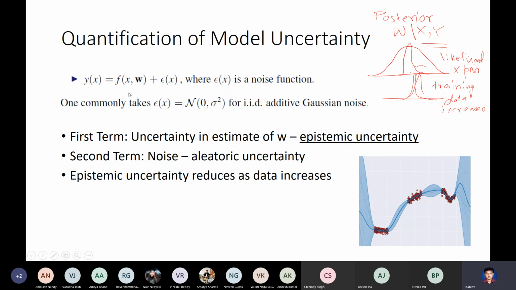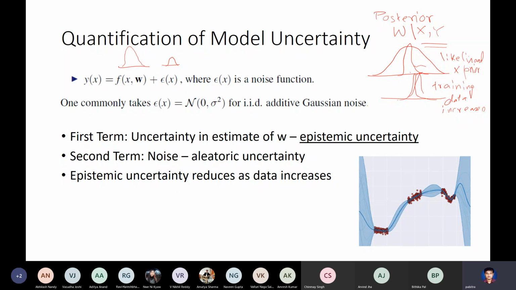If you look at f of x, w, you also get an uncertainty here. You cannot pinpointedly say that the first term's value is this, because you cannot pinpointedly say that the value of w is this. And the second term obviously is noise, so this is also uncertain.